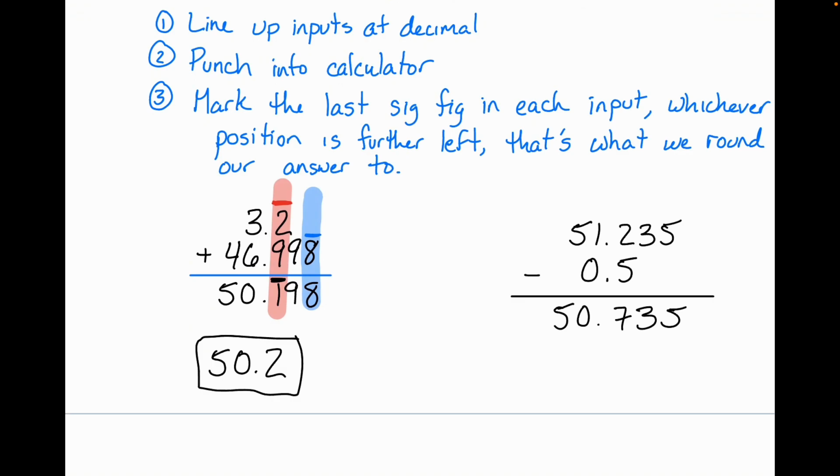Okay, I'm going to mark my last sig fig in both numbers. And then I'm going to look at the position of these sig figs, and whichever one is further to the left, the larger position, that's what I'm going to round my answer to. So in this case, I'm going to round to that blue, the 10th place. And so I would get 50.7.